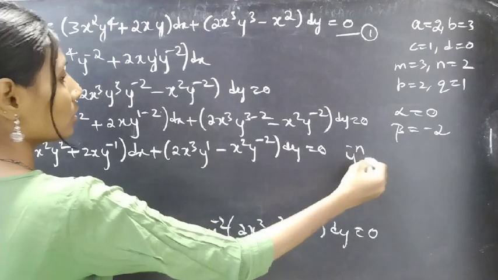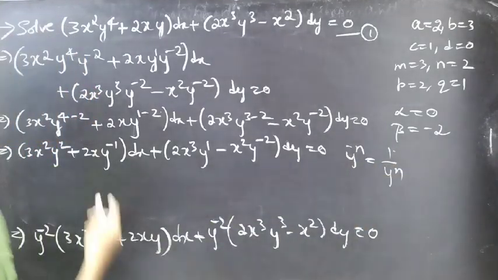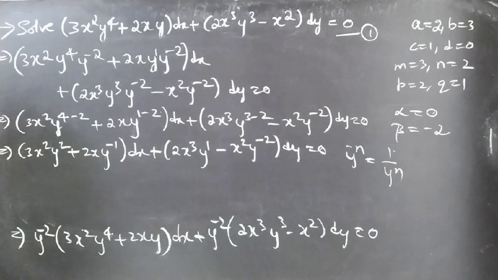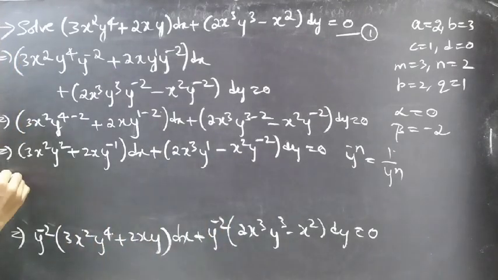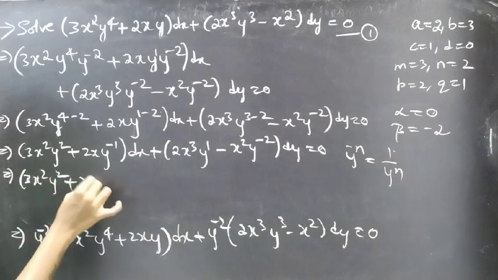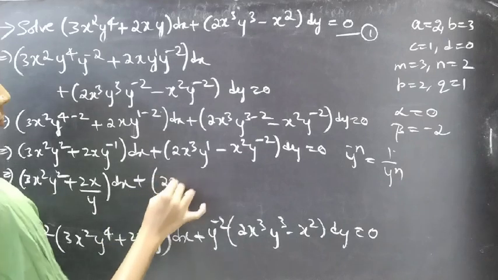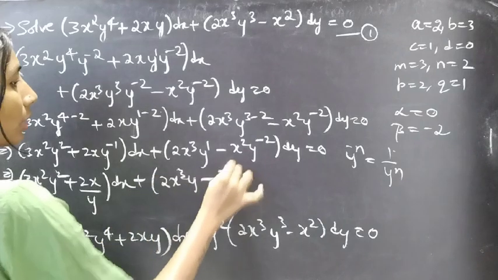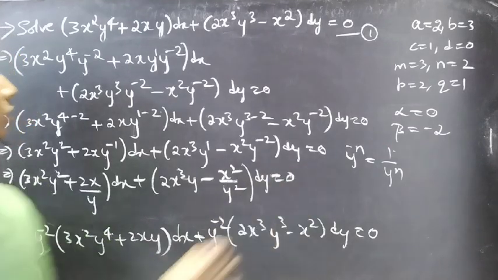Since y power minus n can be written as 1 by y power n, we'll write y power minus 1 as 1 by y and y power minus 2 as 1 by y square. Then this becomes 3x square y square plus 2x by y into dx plus 2x cube y minus x square by y square into dy equal to 0.